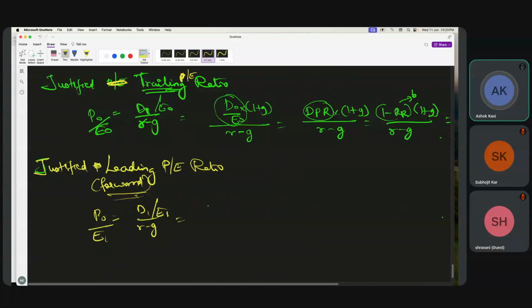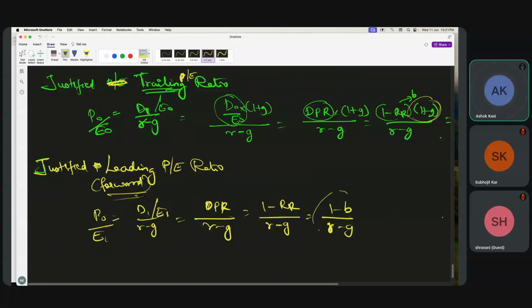So D1 by E1 is the dividend payout ratio divided by R minus G. That is equal to the dividend payout ratio, 1 minus retention ratio, divided by R minus G, which is 1 minus B divided by R minus G. This is the formula. Here you have 1 plus G extra in the trailing one; here you do not have it.